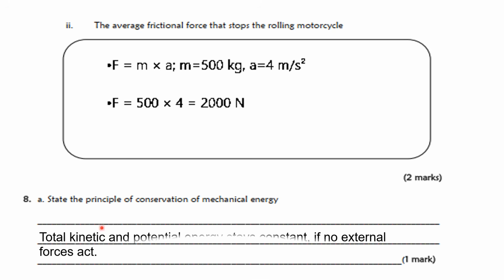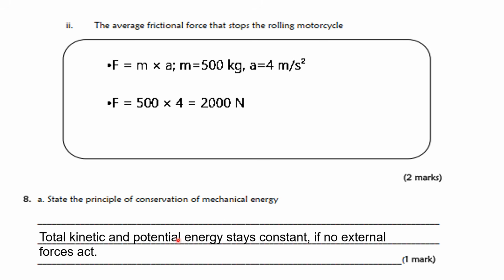So it states that the total kinetic and potential energy stays constant if no external forces act. In other words, if no external forces act on a body, the total kinetic energy and potential energy stay the same. That's 1 mark.